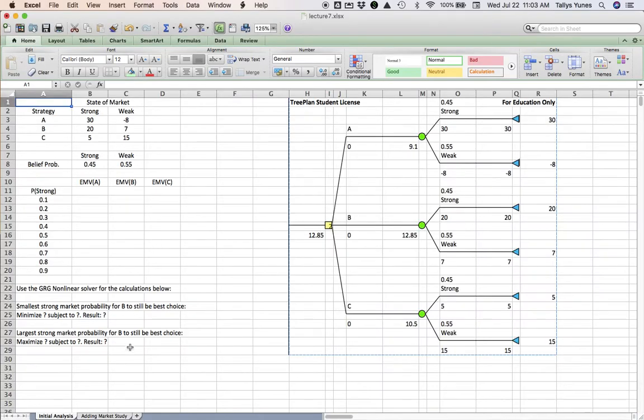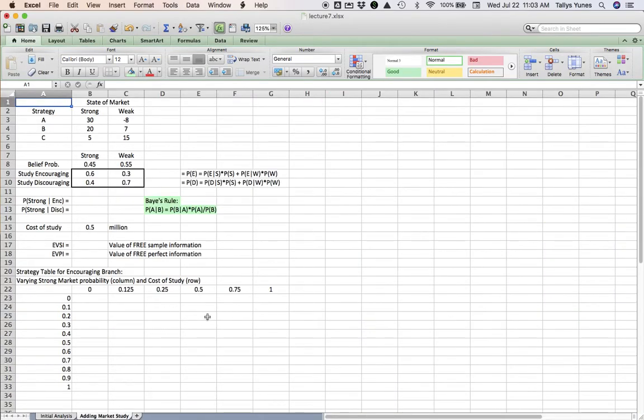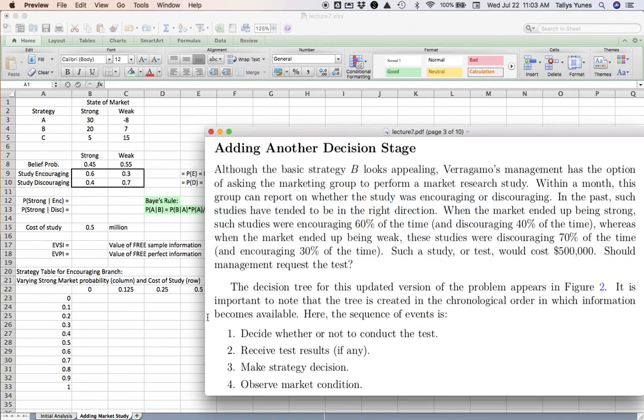At this point, let me show you this other tab here in the sheet and bring back the story. What this is saying is, when I look back, like hindsight information, at previous studies that this group performed, and the markets had a strong reaction to the product, because I'm just looking at the past, I know what the market did, right?